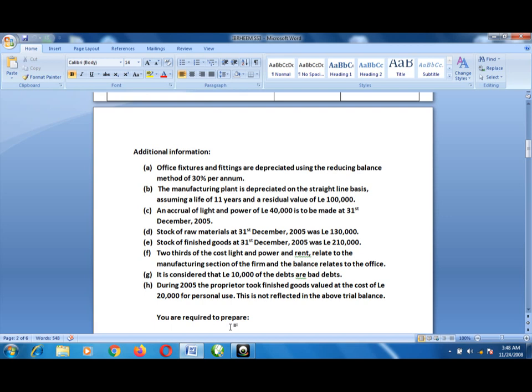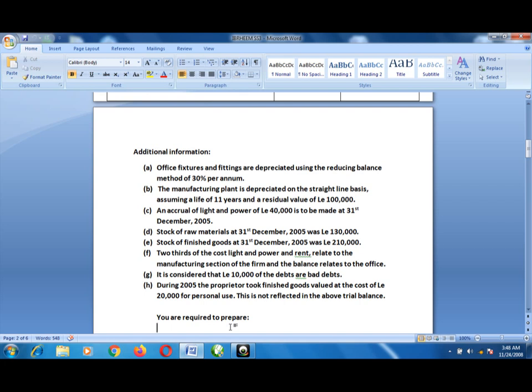A, office fixture and fitting are depreciated using the reducing balance method of 30% per annum. The manufacturing plant is depreciated on a straight line basis, assuming a life of 11 years and a residual value of 100,000. And you have an accrual of light and power of 40,000 to be made at 31st December 2005.